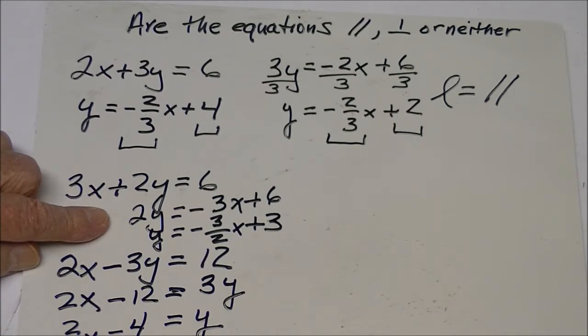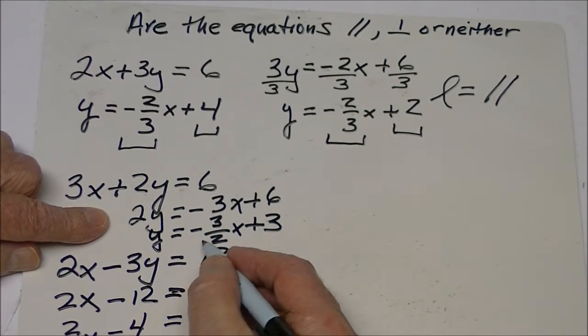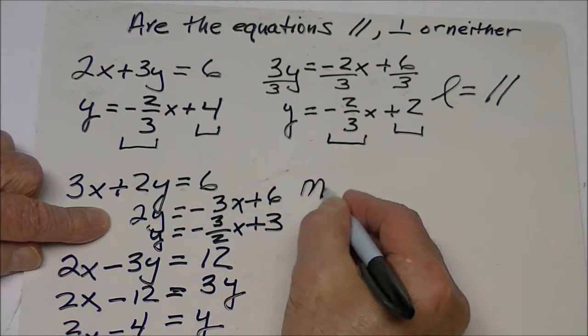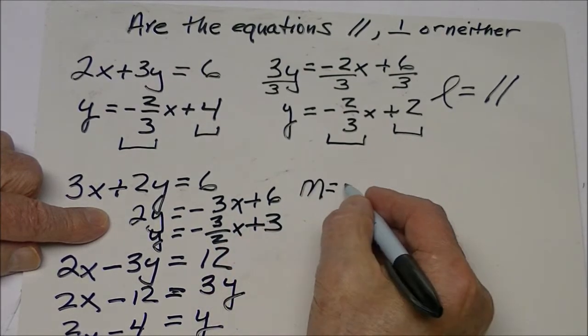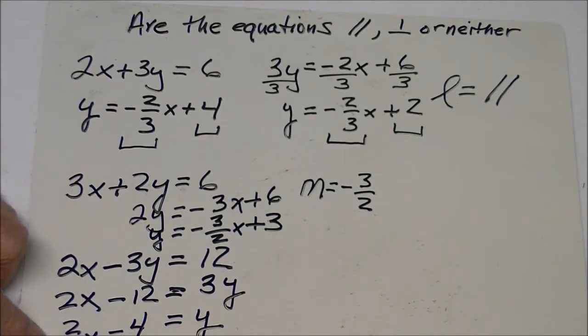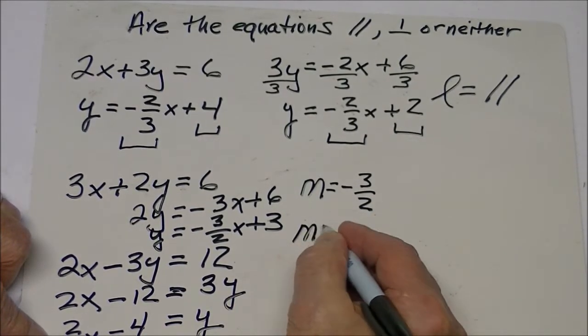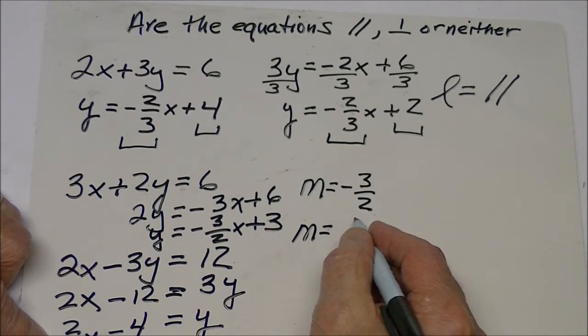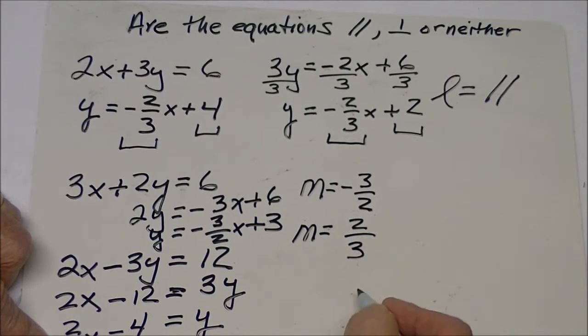So what am I to do? Well, I am to compare my slopes. On the first equation, my slope, I'll write it over here, is negative 3/2, and my other slope is positive 2/3.